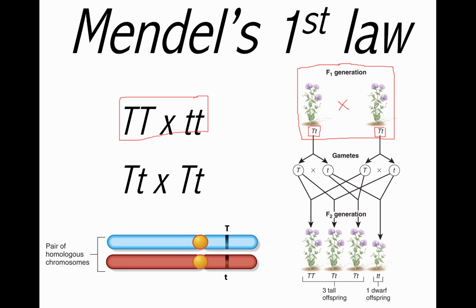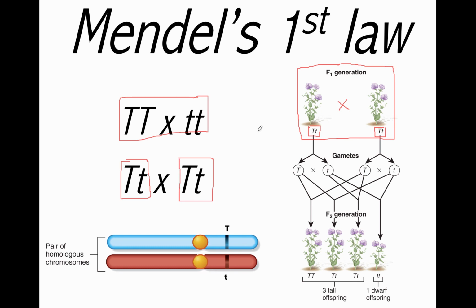You take the pollen from one flower and put it on the female reproductive structures of another flower, and that works for certain species of plant. So Mendel has taken the pollen from the plant on the left and the eggs from the plant on the right, and he's basically done a cross-fertilization between these two plants. In genetic speak, we would say that he's crossed this heterozygote with this heterozygote.